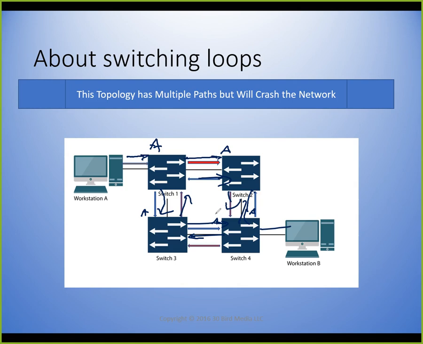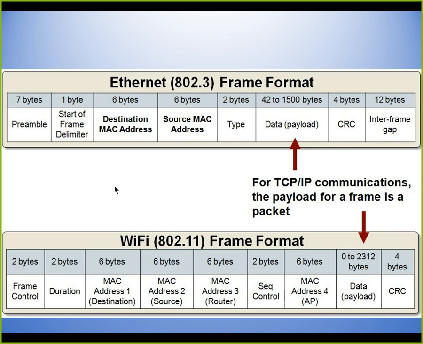Yeah, it slows things down, maybe shuts things down, but a layer 2 protocol with multiple paths will crash the network. And in fact, I told you the story, that is a true story. It did crash that network. A layer 2 topology has no real checks on being able to fix those situations.